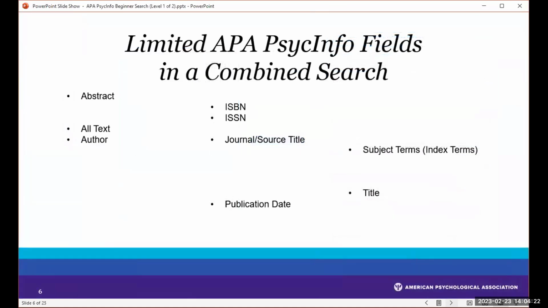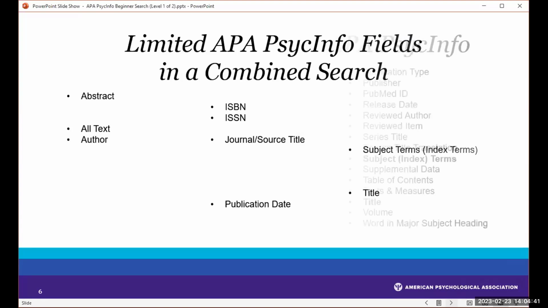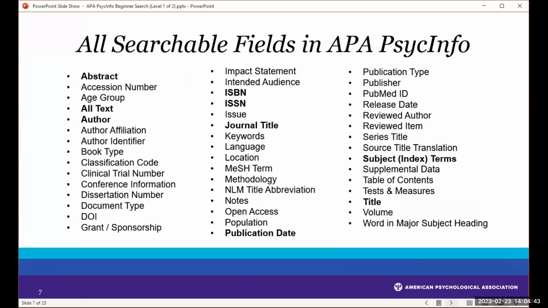When APA PsycInfo is searched through a discovery tool or in combination with another database, there's only a short list of limited fields that are included. This is due to the lowest common denominator factor, so you'll only see fields that are found in any database. There are less than 10 of these fields, and they're fairly high level. Now you can compare that to searching APA PsycInfo on its own, and you'll have access to all of its more than 40 fields.